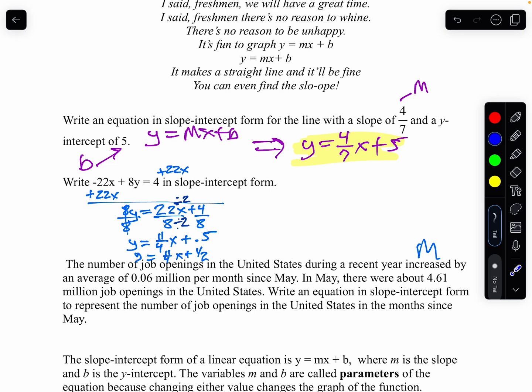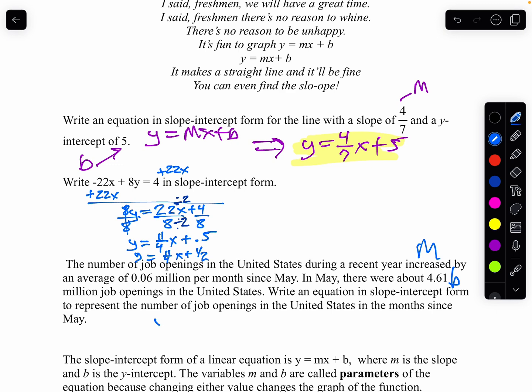In May, there were about 4.61 million job openings in the United States. That's where we started at. That's our B. Write an equation in slope-intercept form to represent the number of job openings in the United States in the month since May. So we're going to do y equals mx plus b.